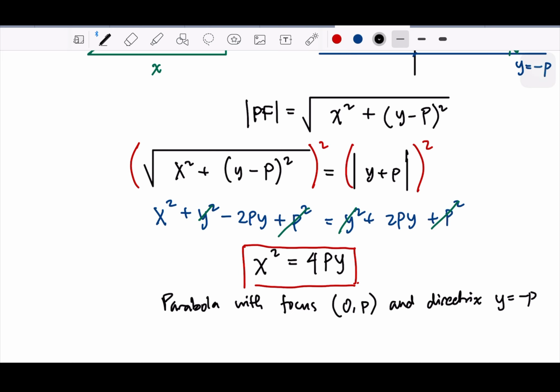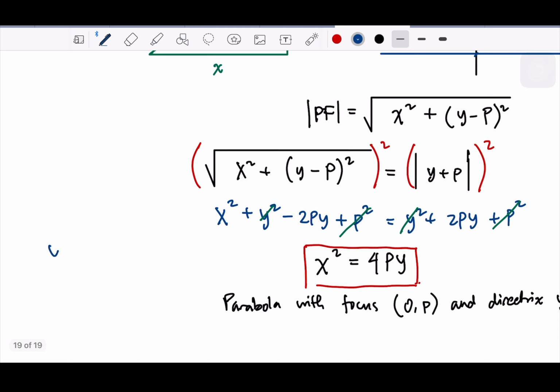So then, if you have y equals x squared, based on these definitions we can write it in terms of this, right? If we have 4p, then p should be 1 over 4 to make it into our x squared.